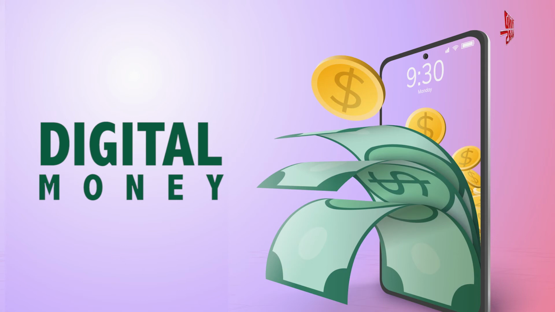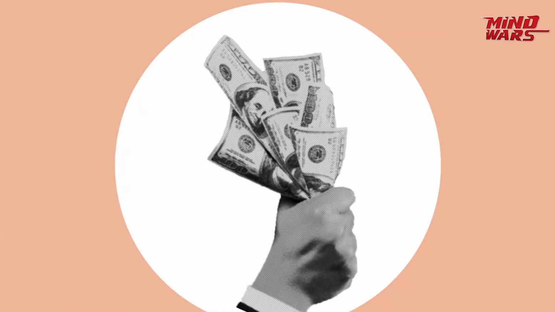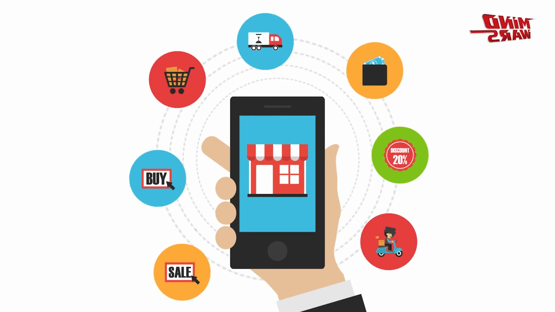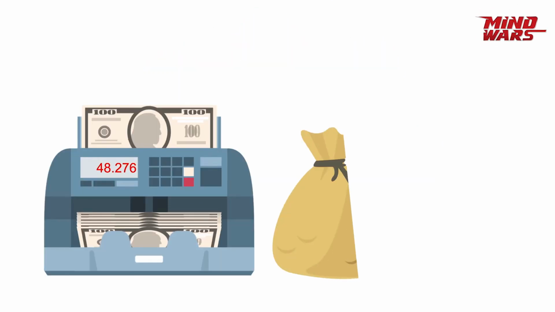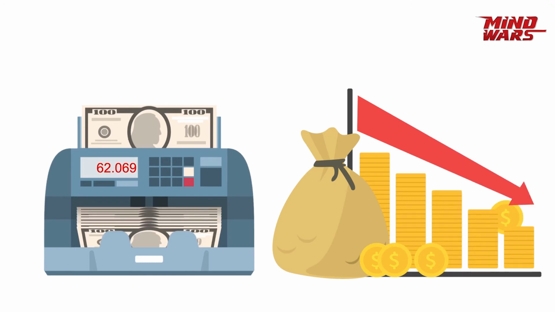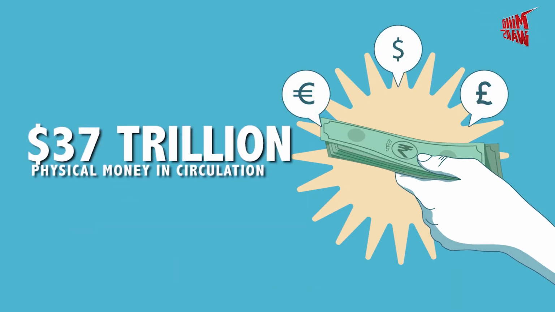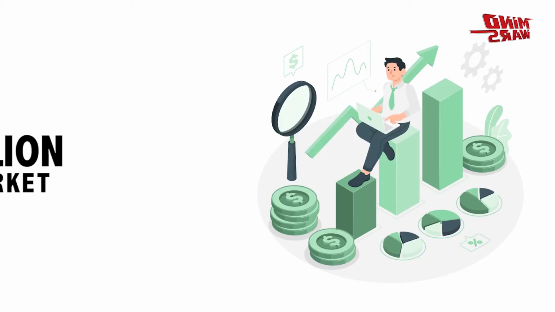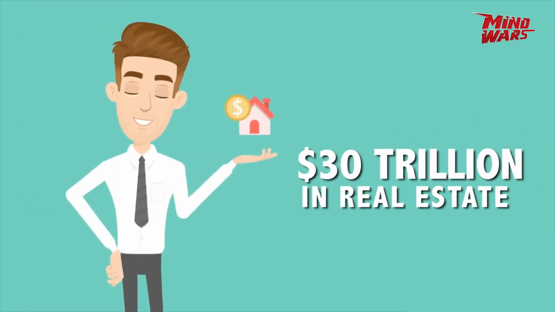This is how we got digital money, and why we don't always need to carry loads of cash in our pockets. With digital money becoming more popular, the amount of paper currency being used has gone down drastically and is decreasing with each passing year. As of 2019, there were about $37 trillion of physical money in circulation, another 74 trillion in the stock market, and 30 trillion in real estate.